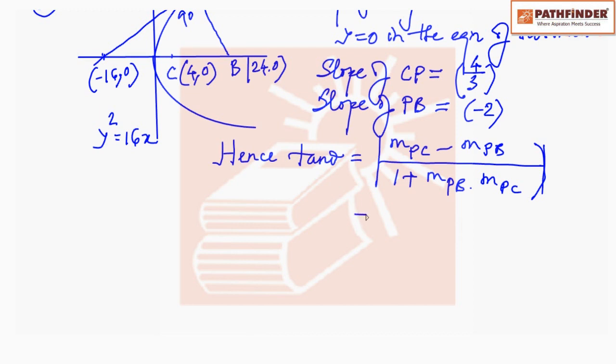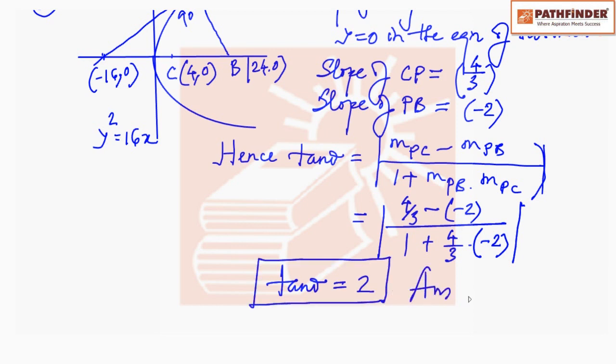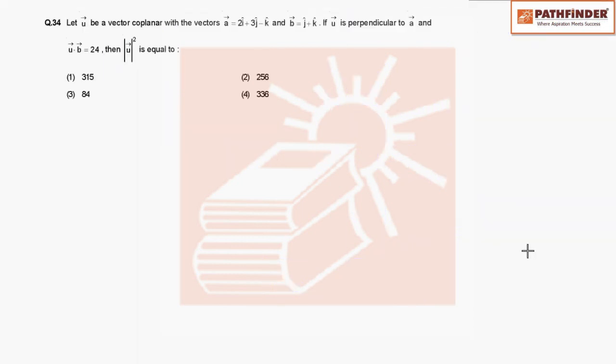That is equal to 4 by 3 minus of minus 2 divided by 1 plus 4 by 3 into minus 2, its modulus, that will be tan theta equal to 2. So our answer is 1. Now next question is question number 34.